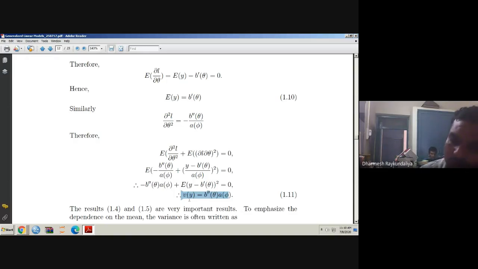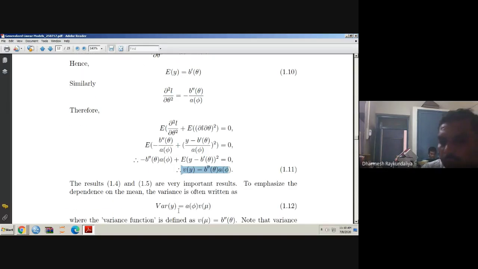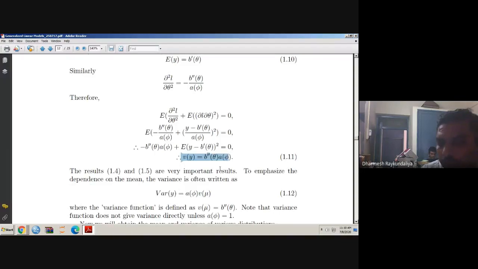So you can write here, we know that theta is a function of mu. So of course theta is a function of mu, then b theta is also a function of mu, b dash theta is also a function of mu, and b double dash theta is also a function of mu.